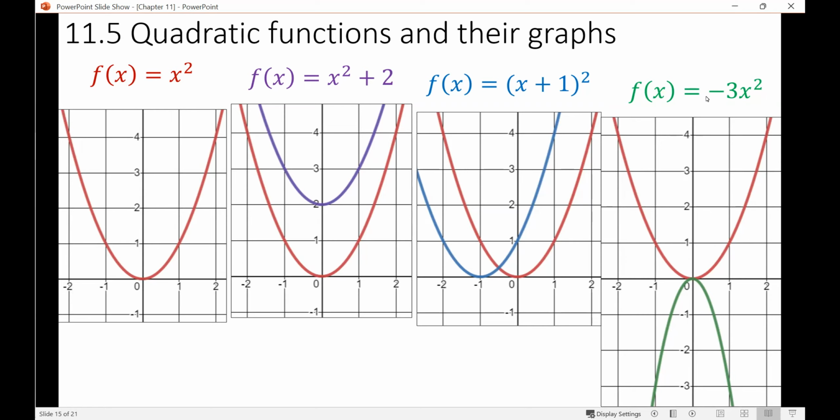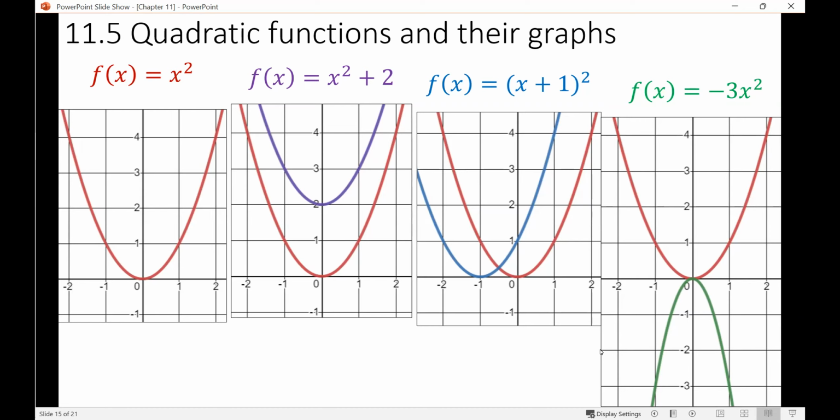We square x, making it positive, but then we make it negative, so everything's negative coming out. And the 3 makes our y values 3 times the size, so it stretches us vertically. If instead of 3 we had 1/2, it would make our y values half the size and compress us vertically, making it look wider.